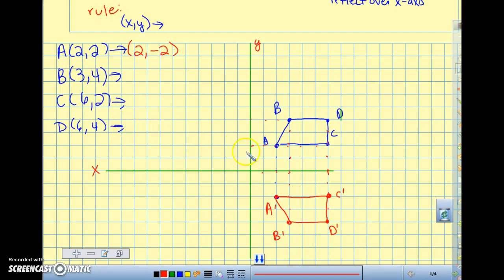And then now B is at 1, 2, 3, -4. And now our new C is down here at (6, -2). And our D is at -4.